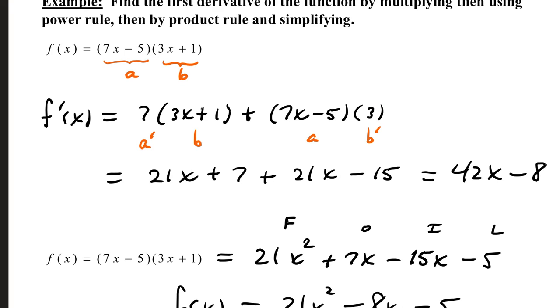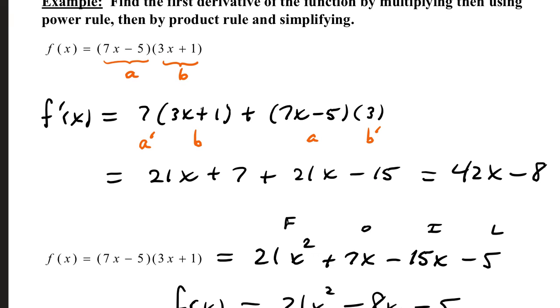If you only multiply by a constant, then you use the distributive property, so 21x plus 7 plus 21x minus 15. Combining like terms, 42x total, 7 minus 15 is negative 8.